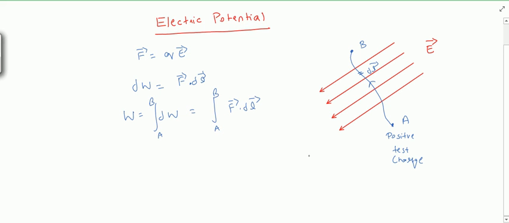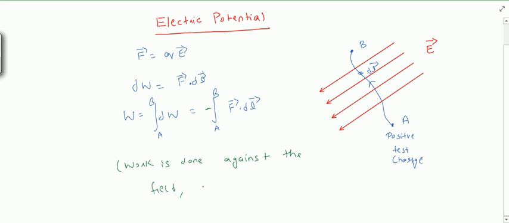Now I am assuming here that the work is done against the field. For that I have to consider a negative sign here because I am considering the work is done against the field.